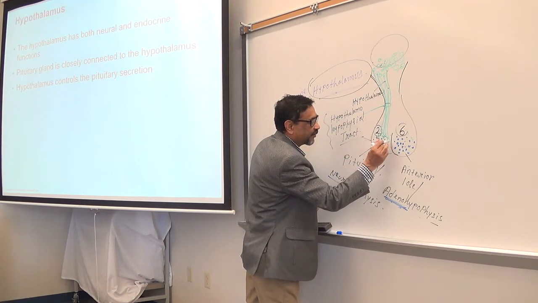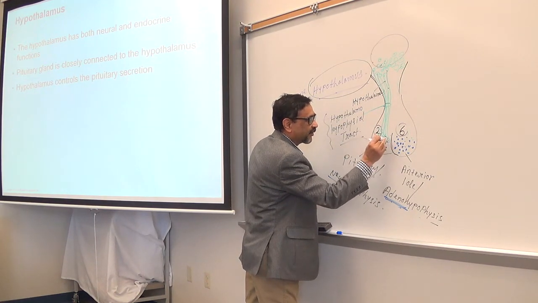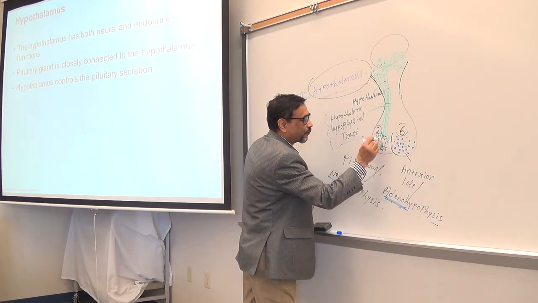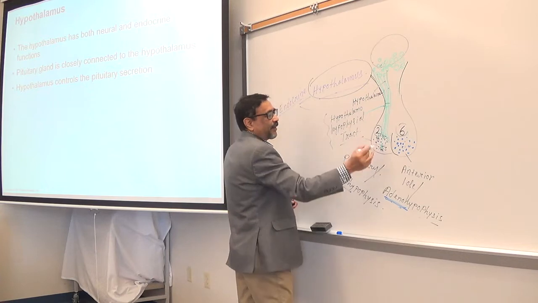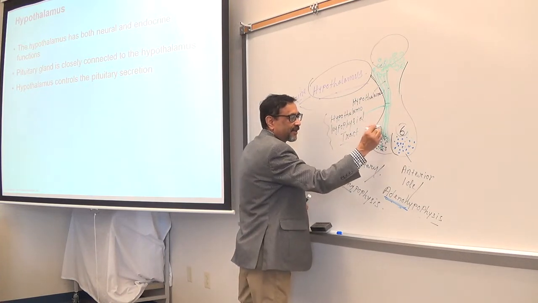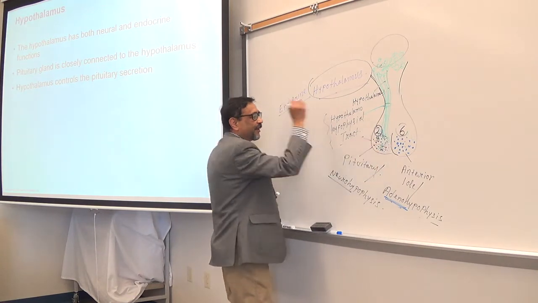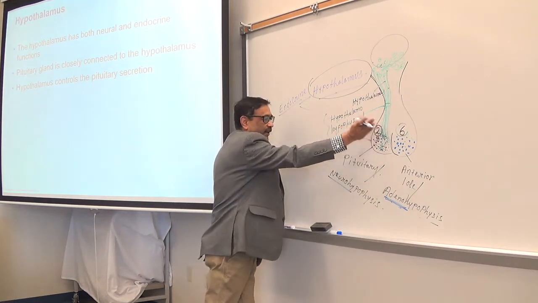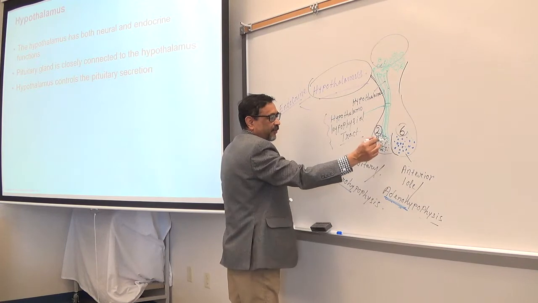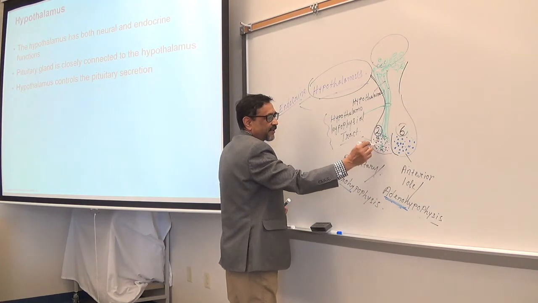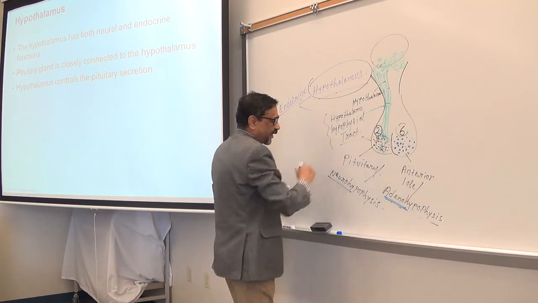Chemicals are released from the axon terminal, and these 2 chemicals are stored here in the posterior pituitary. We'll know the names of those 2 later. Just know that from the axon terminal, those 2 chemicals are released here.